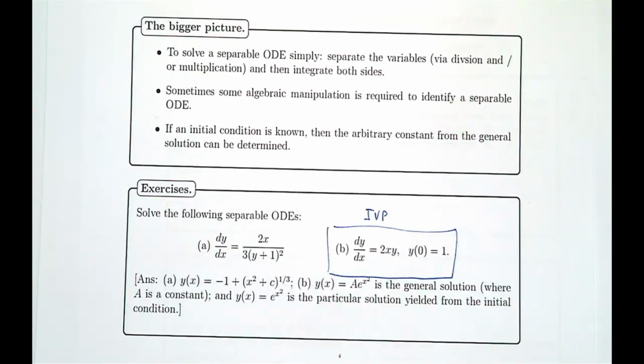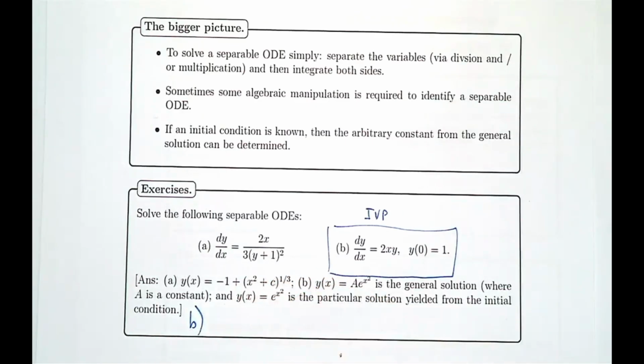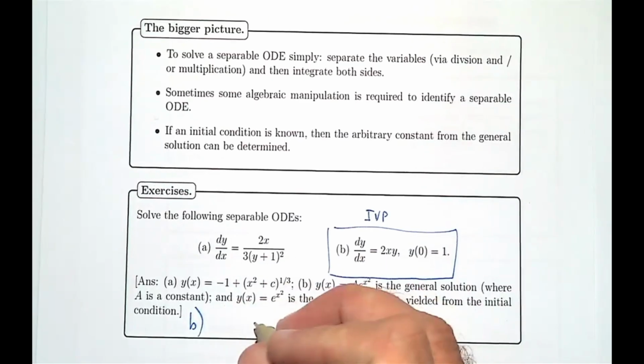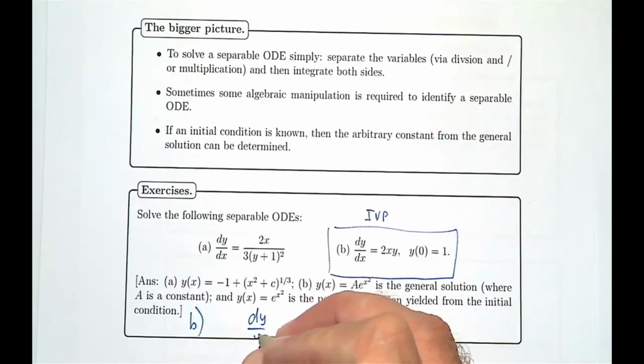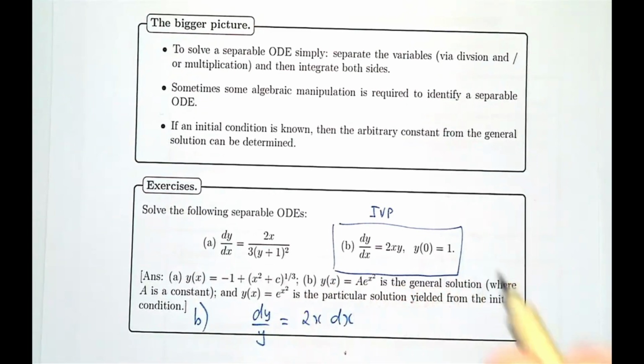So, let's solve it and see what we can do. Separate the variables and integrate. I'll solve this general case first, and then I'll manage the y of 0 equals 1 later.